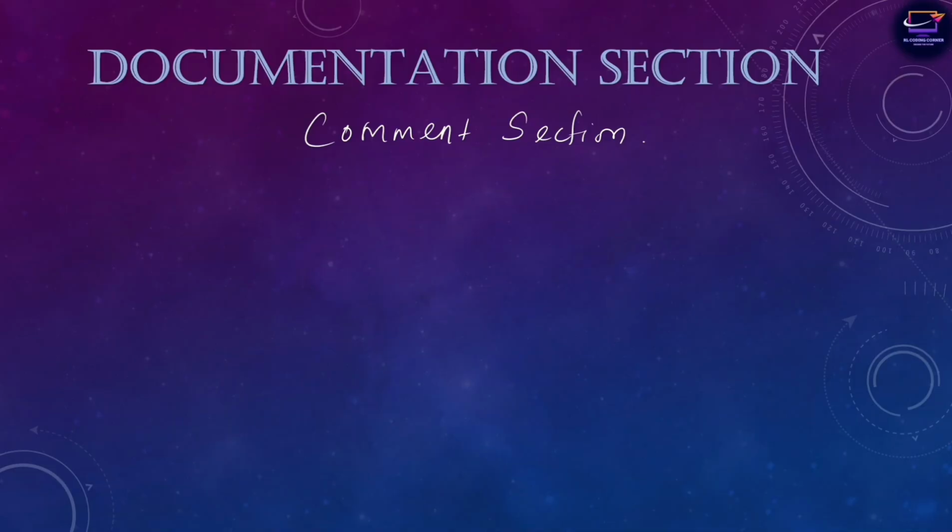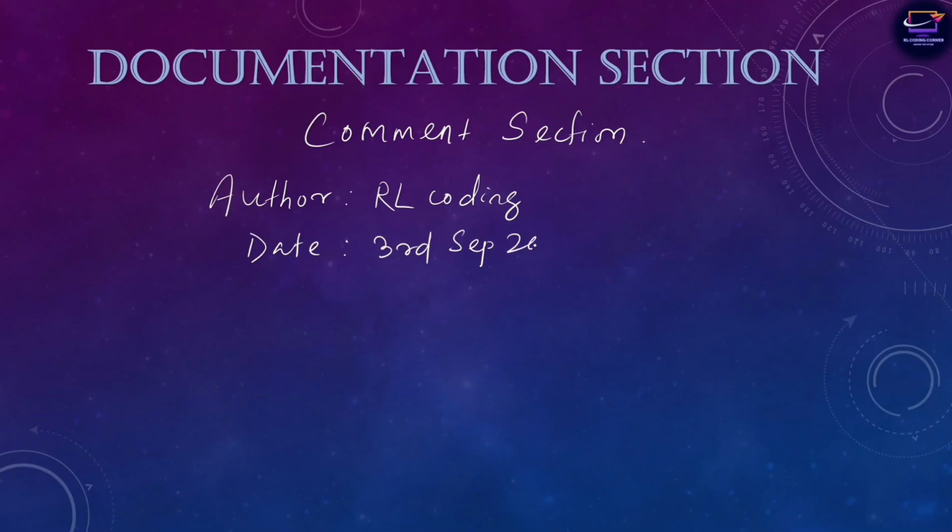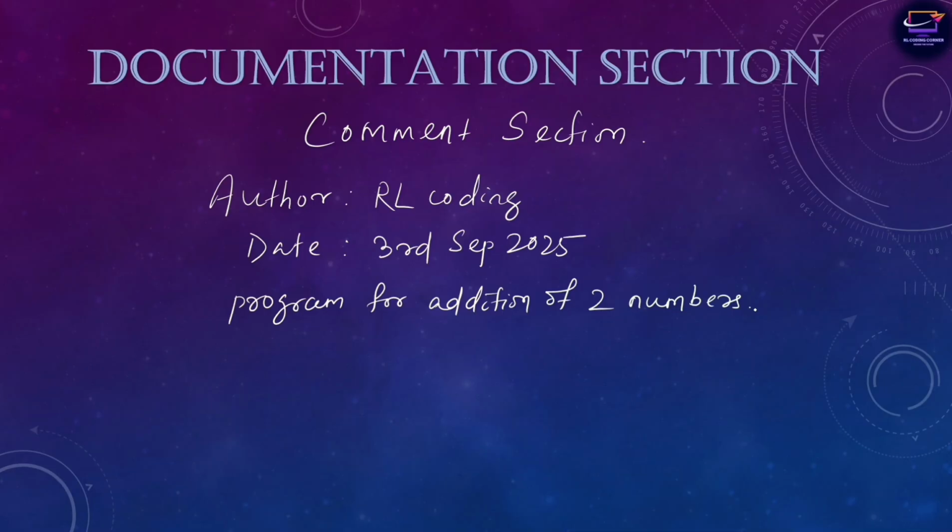So, what can you include in this documentation section? See, I include author: RL coding. Next, for date, I include 3rd September 2025. Next, the purpose of the program, that is, program for addition of two numbers. Okay. So this you can include.